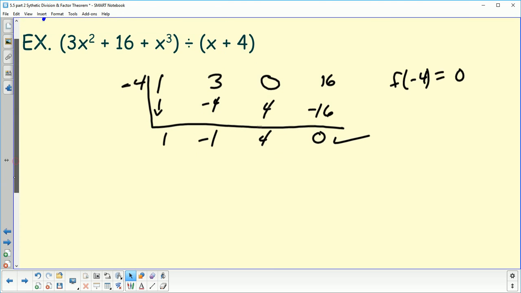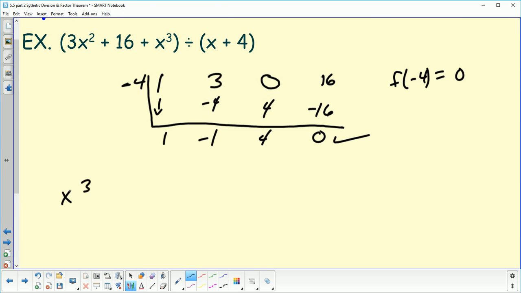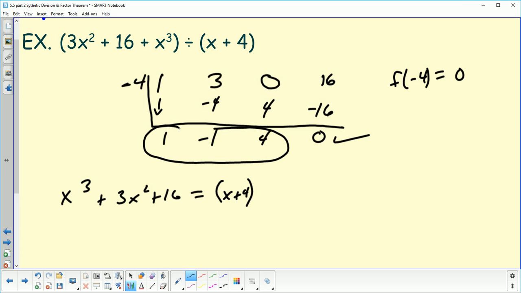So if I have x cubed plus 3x squared plus 16, and I tell you to factor that, that can be hard to factor, because even if we looked at our factor trees, we don't have any process for that. There's not any way for us to factor this. But now, because of synthetic division, because this is 0, I know that x plus 4 is one of my factors. And if I do synthetic division, these values right here are going to tell me my other factor.